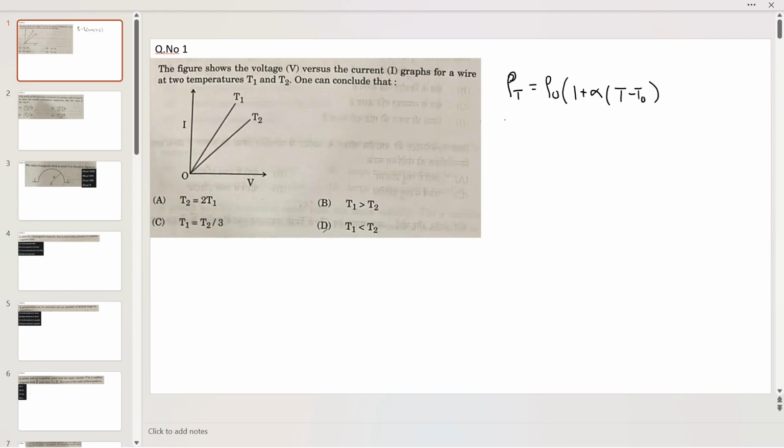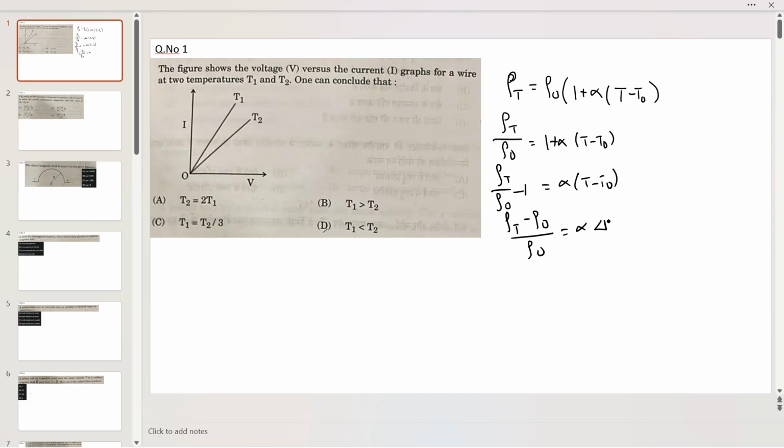Now here rho T by rho naught, this is simple algebra, so this will be equal to 1 plus alpha (T minus T naught). So rho T by rho naught minus 1 will be alpha (T minus T naught), and this comes to be rho T minus rho naught by rho naught, that is equal to alpha (T minus T naught).